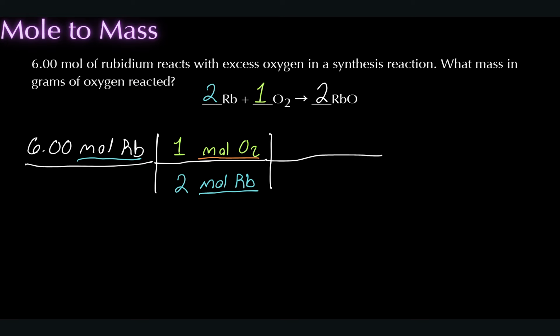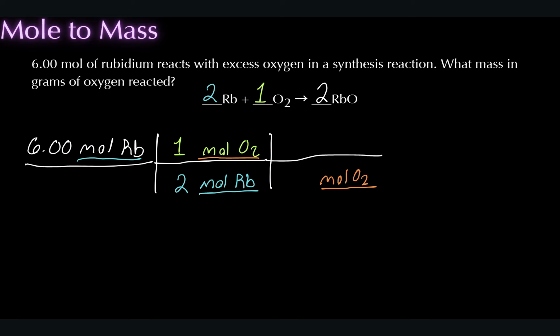Following the dimensional analysis trend, or the diagonal rule, the mole of O2 is on top, so on this next diagonal will be our mole of O2. We may be thinking, what number do I need to put here? Knowing that we want to get to grams, so we want our grams to be the very end, we are going to find the molar mass of our O2.